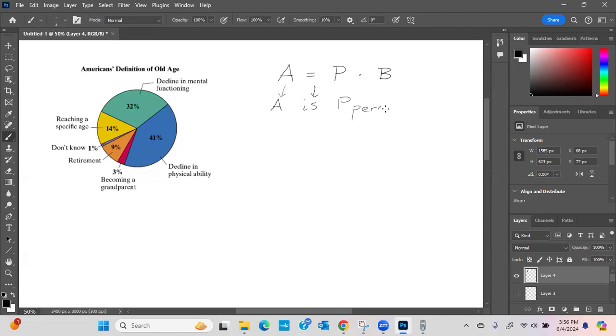P%, so some percentage of, in English, when converted to math, means times. And then we just have B. So A is some percentage of B. And we will write it out that way.